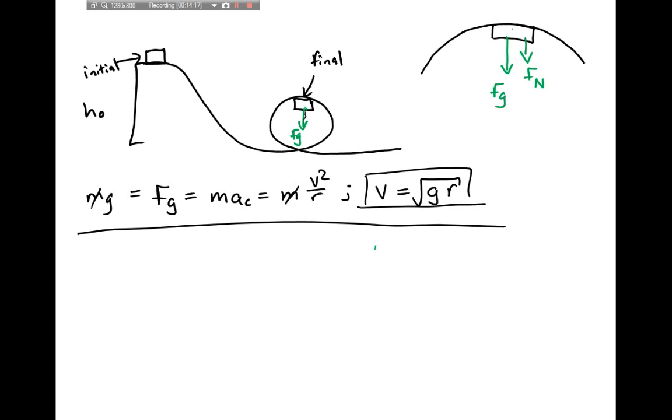So using conservation of energy, the initial energy has to equal the final energy. Initially, I'm starting from rest, so my kinetic energy is 0, and my initial energy is just the initial gravitational energy. The final energy is the final gravitational energy plus the kinetic energy at the top of the loop, because I have to be moving when I reach the top of the loop.